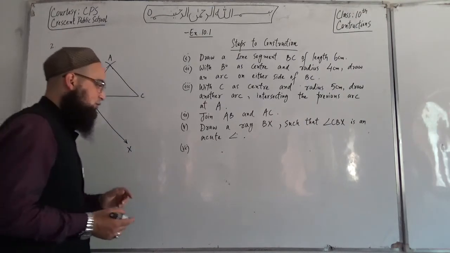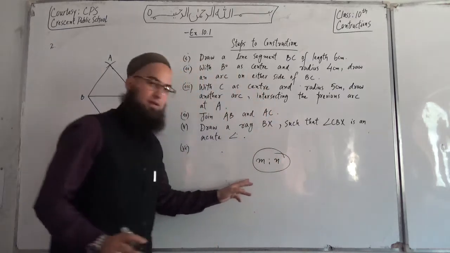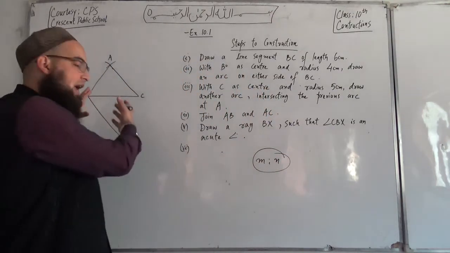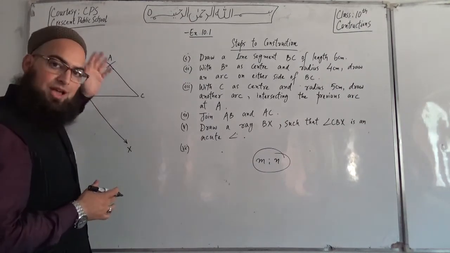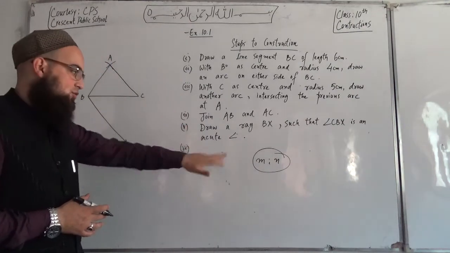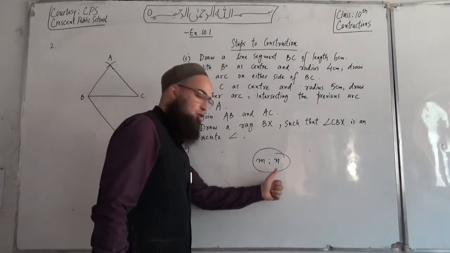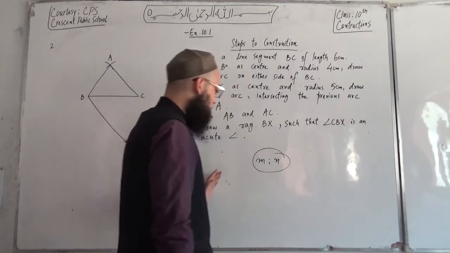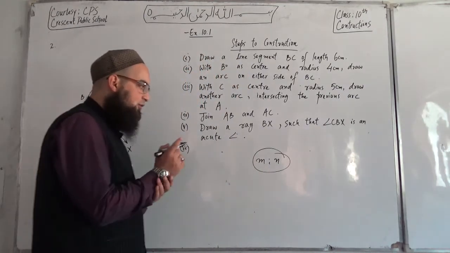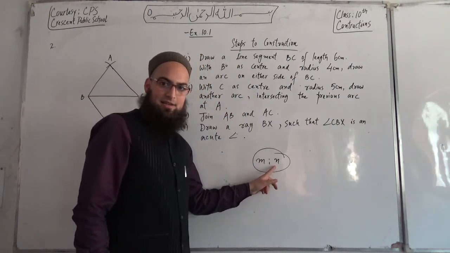But here, if m:n is our required ratio, in which we have to construct another similar triangle such that the ratio of the sides of this triangle and that triangle is 2:3, then we first have to observe whether m is greater or n is greater.